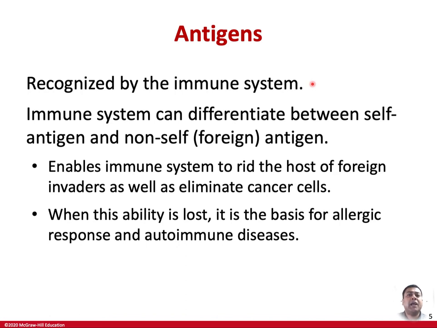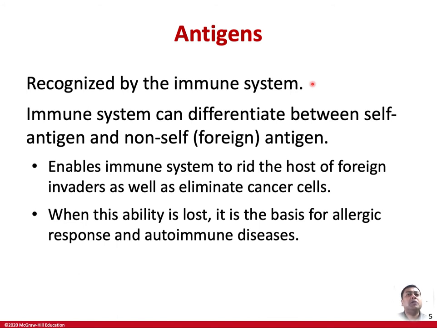Most of the times they are limited to the proteins. On the other hand, the lipids, although recognized by many of the structure in your immune systems, are not considered as an antigen.